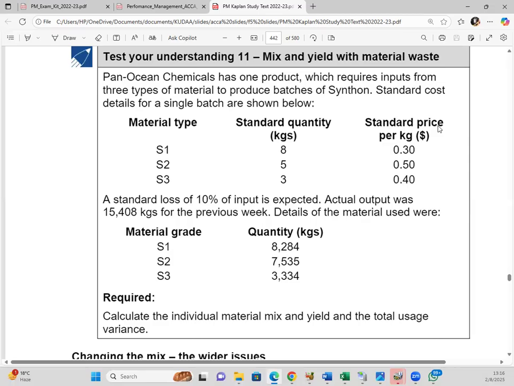Okay, for the sake of time, let's do it together. So we'll start with the material mix variance.